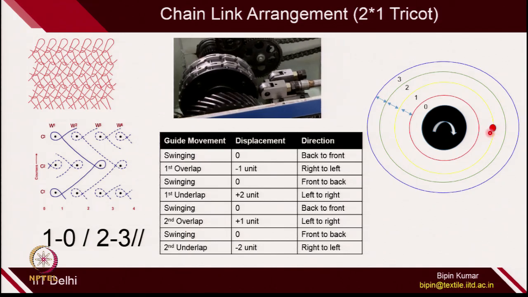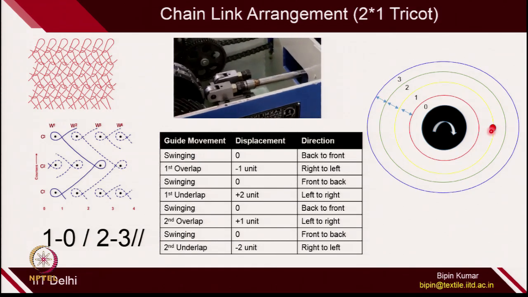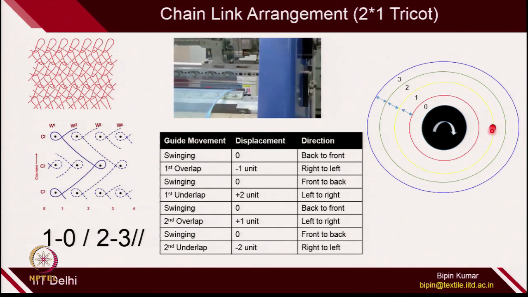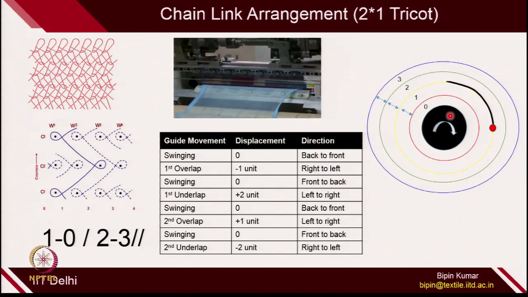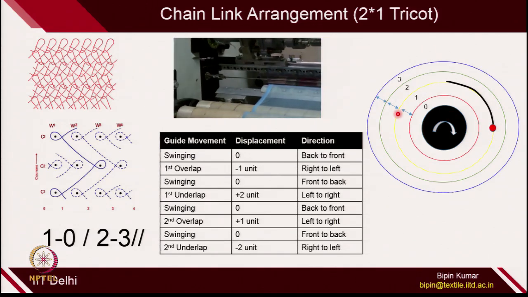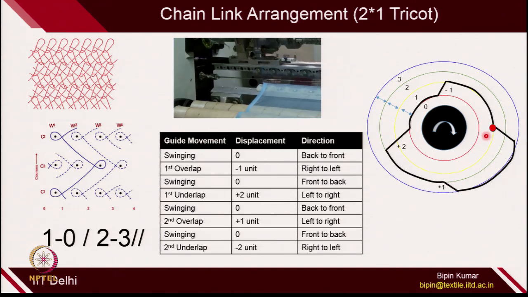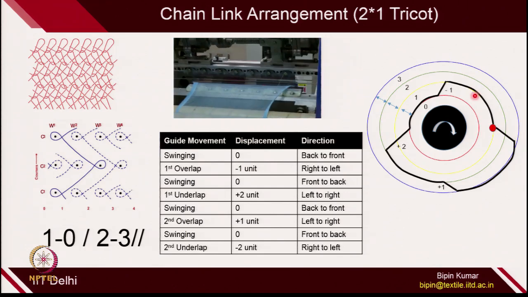You have the follower following the chain links at this point. When the revolution is happening, based on the revolution, whatever profile is created with the help of chain links, the follower will follow exactly at this point. If the radius is the same, there will not be a lateral shift, only swinging will be happening.